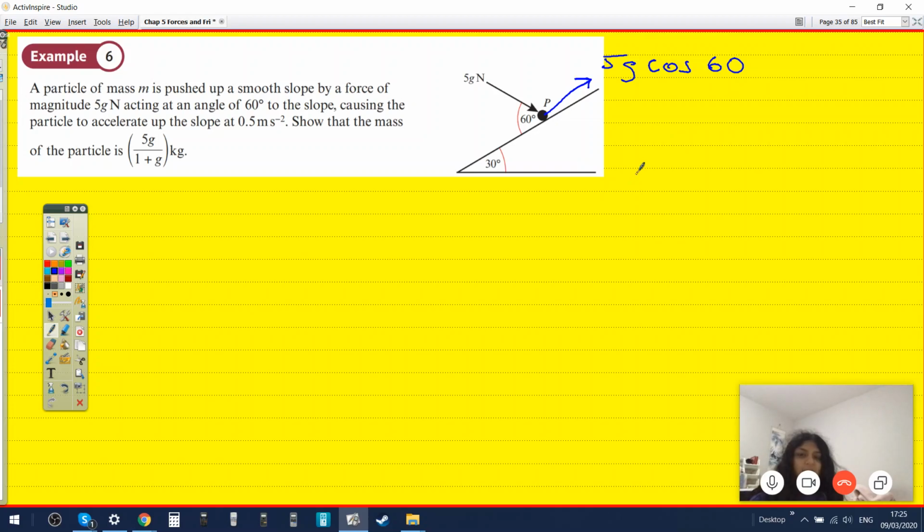I meant in the vertical direction it would be sine, because it's mg as well in the vertical direction. No, mg is not in the vertical direction. It would be 5g sine 60 minus mg cos 30 equals 0.